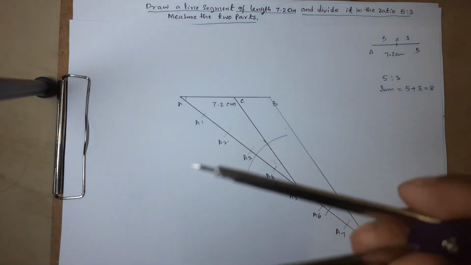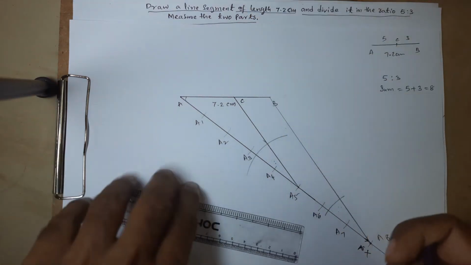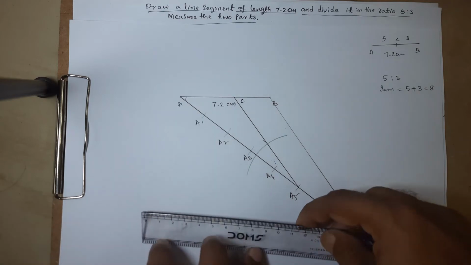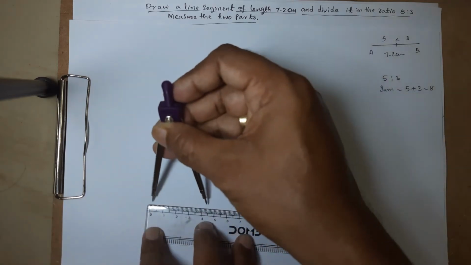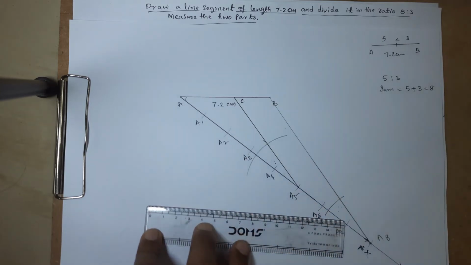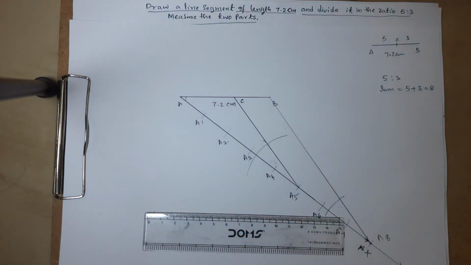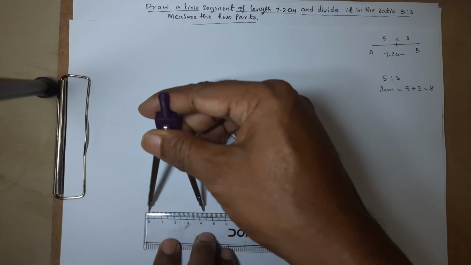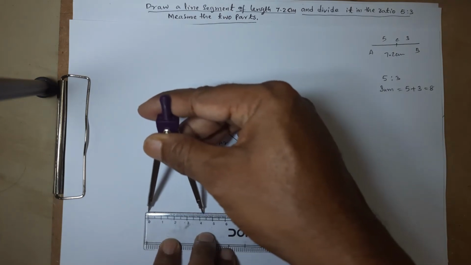So this is AC. Measuring from 0 on the scale, this length is 4.5 centimeters.